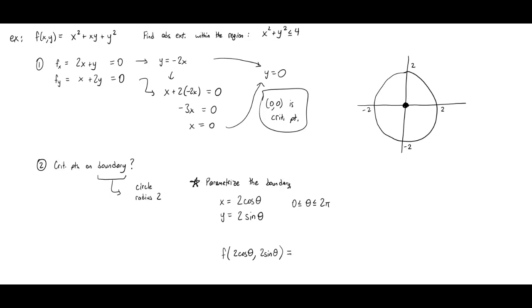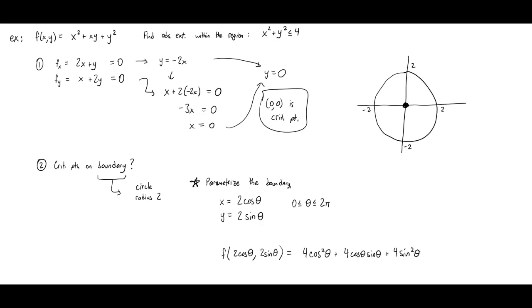So looking at my function up here, I'm going to replace x with 2 cosine theta. So x squared would be 4 cosine squared theta, and plus x times y, so 4 cosine theta sine theta, and then plus y squared, so y squared would be 4 sine squared theta.